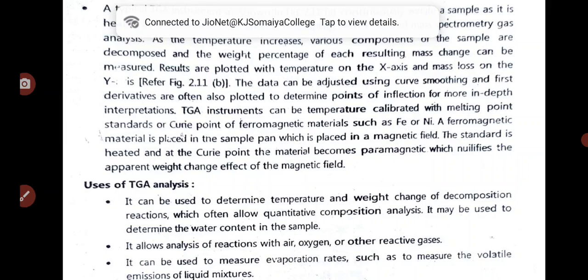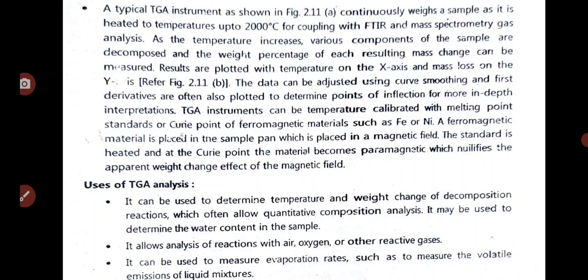So you have to know that the property of an atom, molecule or any material changes if we increase the temperature. This TGA instrument's temperature can be calibrated with the melting point standard or the Curie point of a ferromagnetic material such as iron and Ni, that is nickel, which is a ferromagnetic material.